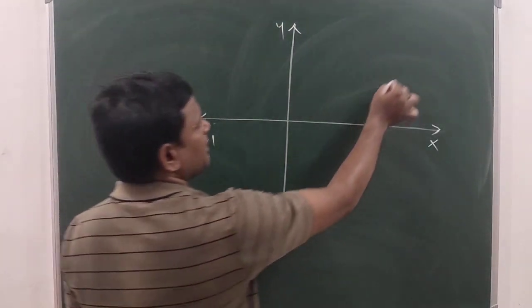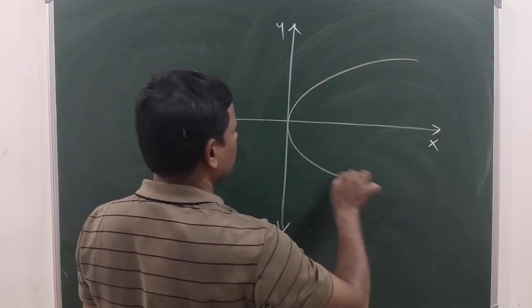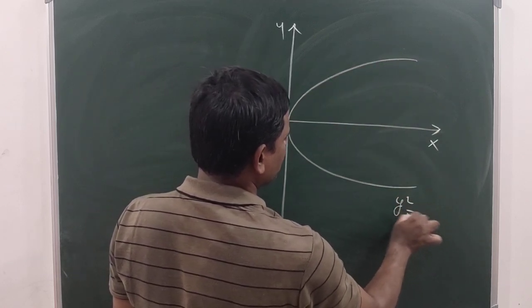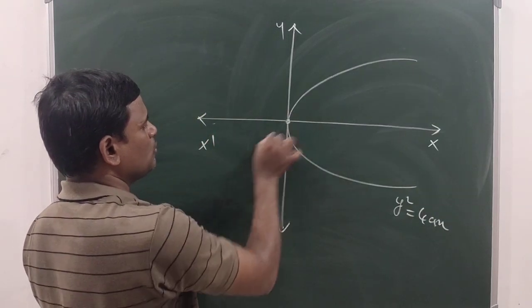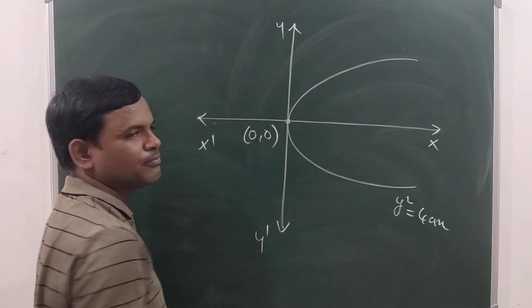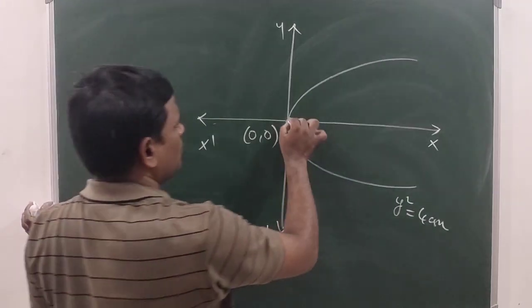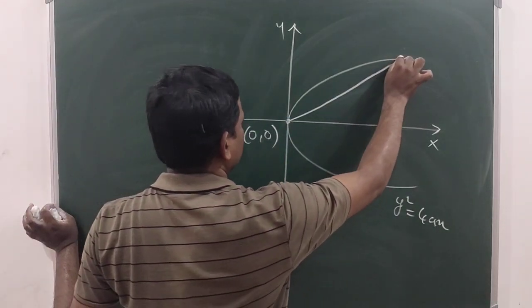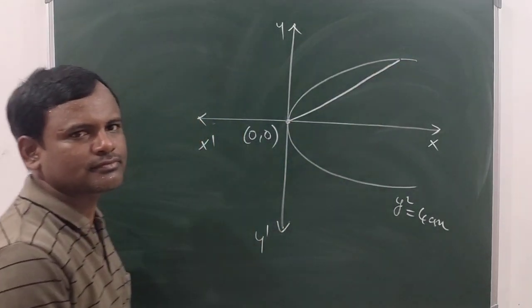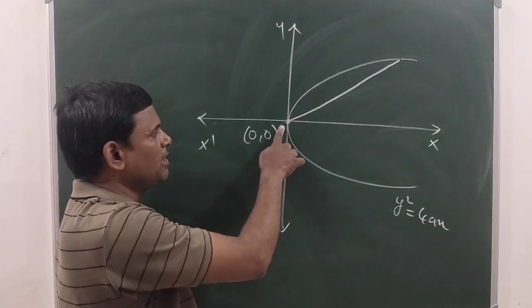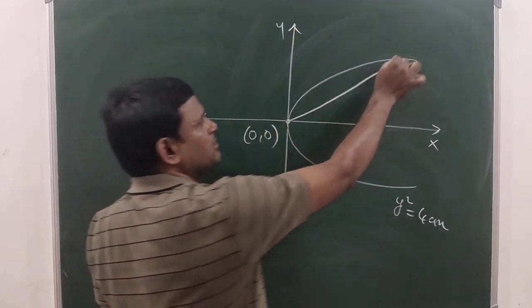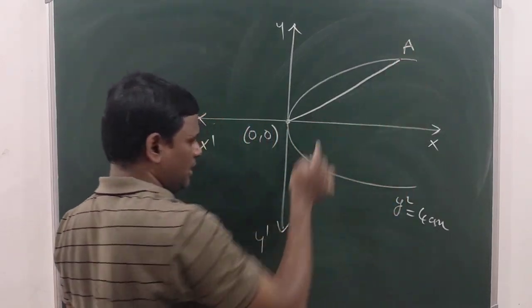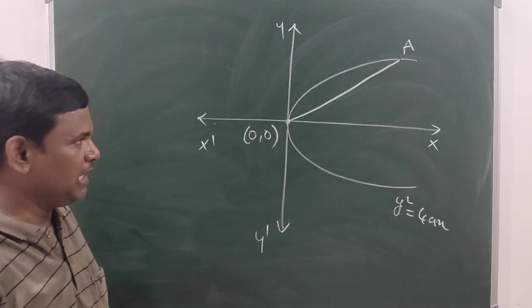Students, see here, this is the standard form of the parabola, y square equal to 4ax. This is the vertex whose coordinates are 0, 0. Now, this is one chord. Here this origin is one of the points and this is one of the points. So connect these two so that we are forming a chord.